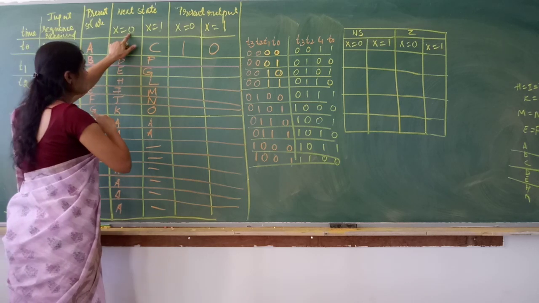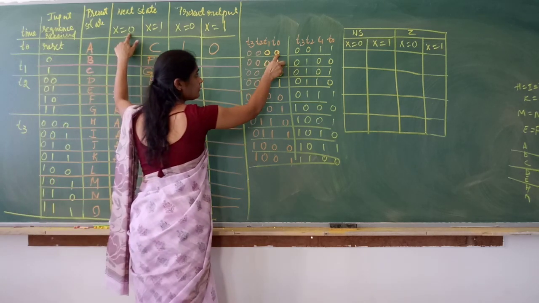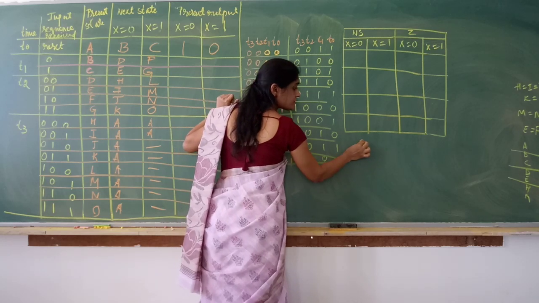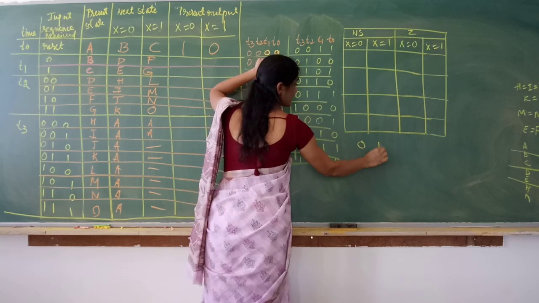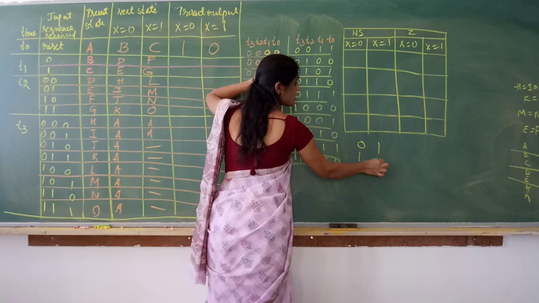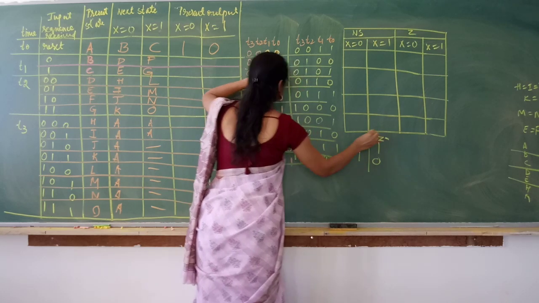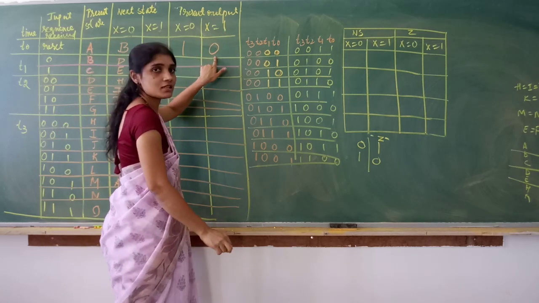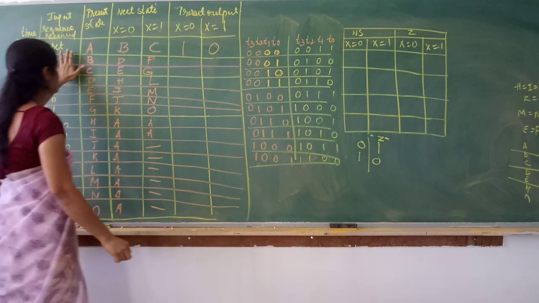So to explain that, okay, this you have understood now. If x is 0 at time t naught, if you have received 0, what is the output? 1. If you have received 1, what is the output? 0. So if we receive 0, output is 1. If we receive 1, output is 0. I hope this is clear.